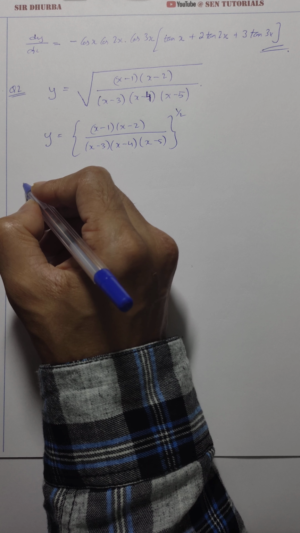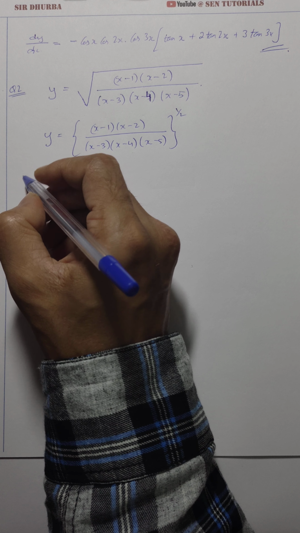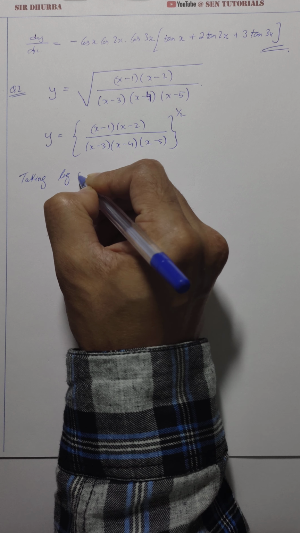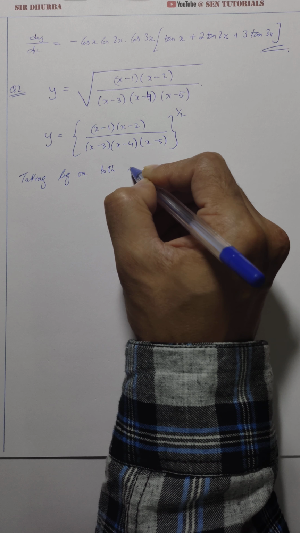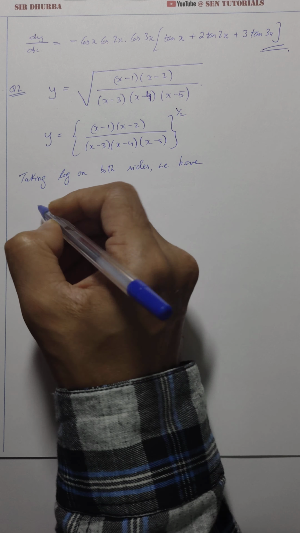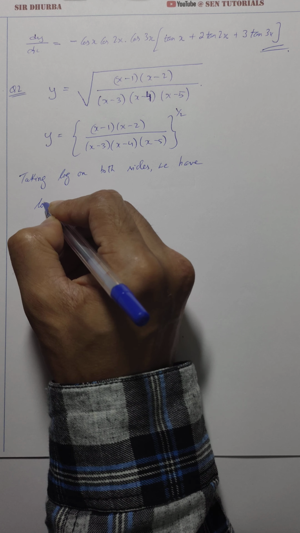All right, so now taking log on both sides, we have log y equal to log of x minus 1, x minus 2, x minus 3, x minus 4, x minus 5, whole power 1 by 2.